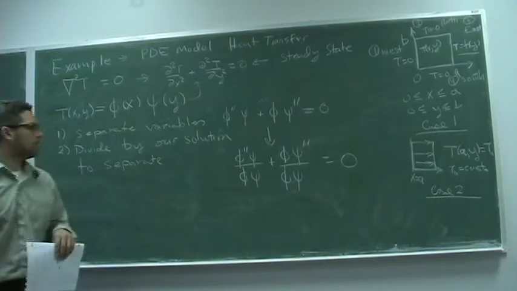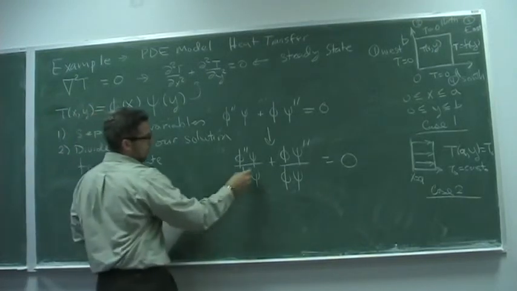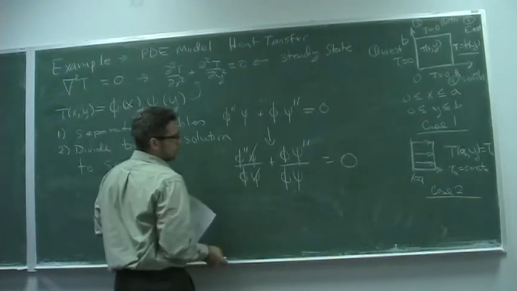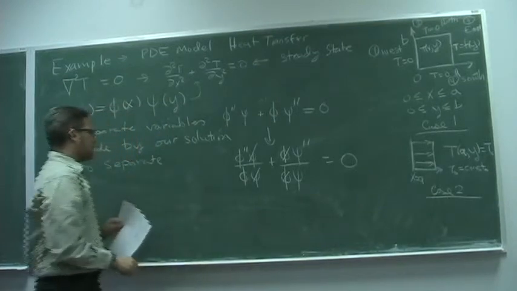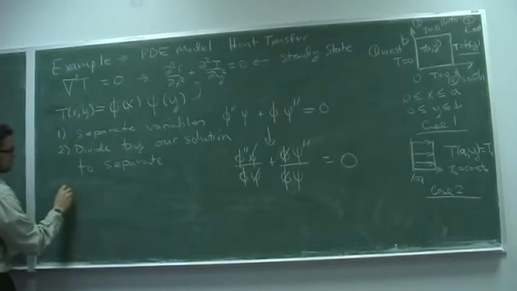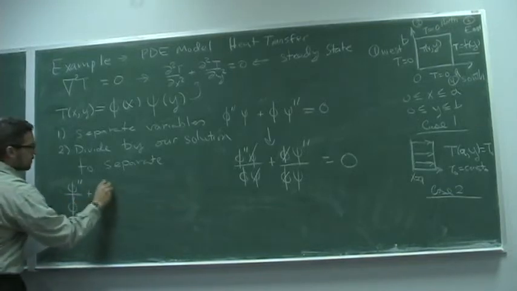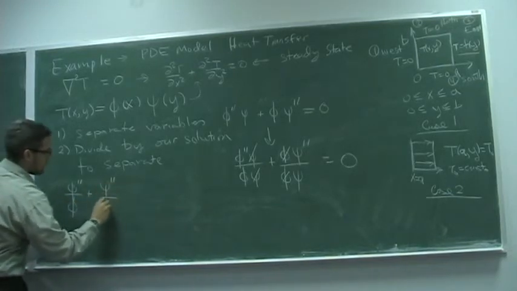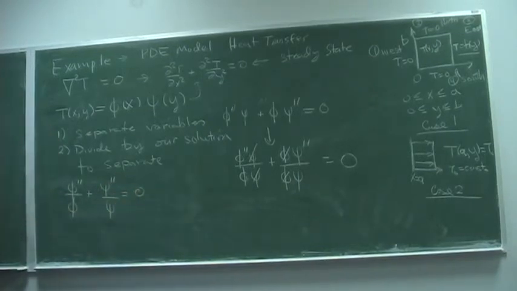Okay, so at this point, now that we've divided by our product solution, we can go ahead and cancel out terms. Those are the same, these are the same. And so what we're left with is our differential equation. So that's what we've got. Now we can see that this equation is separated.